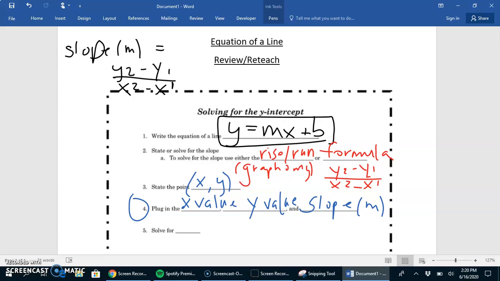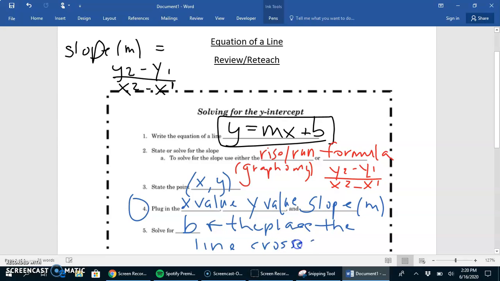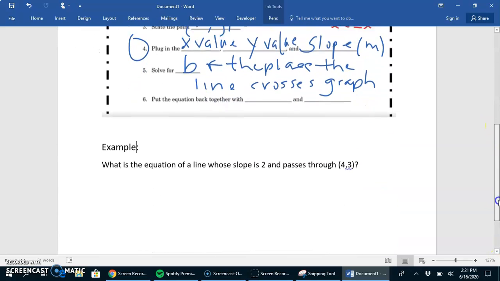Now remember, the y-intercept, or b, right, is the place the line crosses the graph. Okay? But today, we're going to find the y-intercept by solving algebraically.